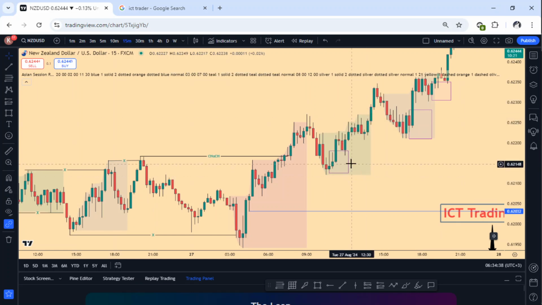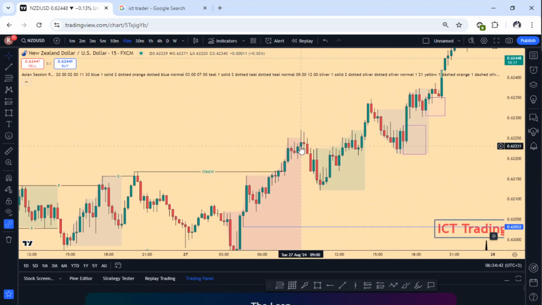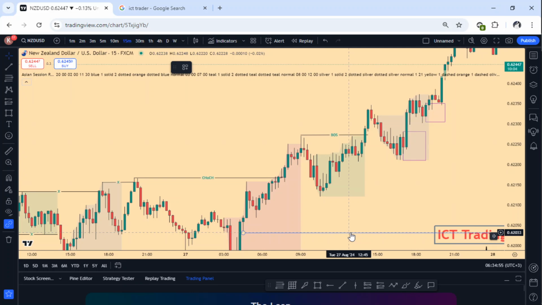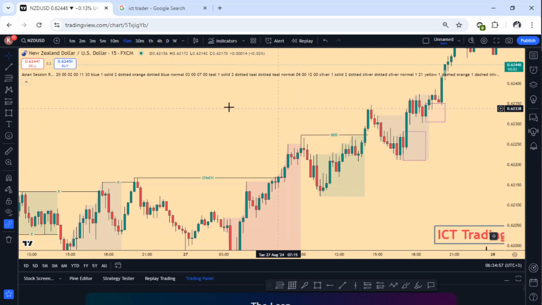Now again, they see that successfully they have had another break of structure, confirming that we are firmly bullish. So an ICT trader will look for, maybe if they are using SMC too, they'll combine it well and not just use it randomly.